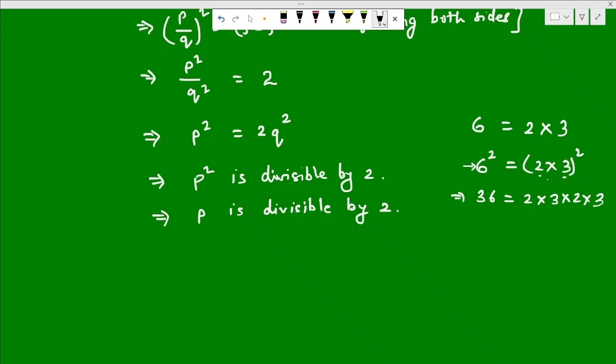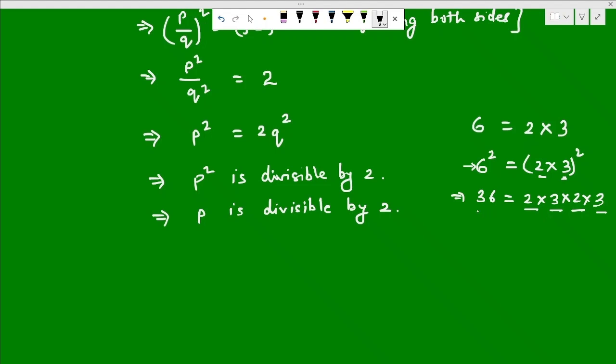Both. And if 6 is divisible by 2 and 3, then whatever the power of 6, be it 6 power 2, 6 power 3 or 6 power 4, we will get only the numbers 2 and 3 as its factors.